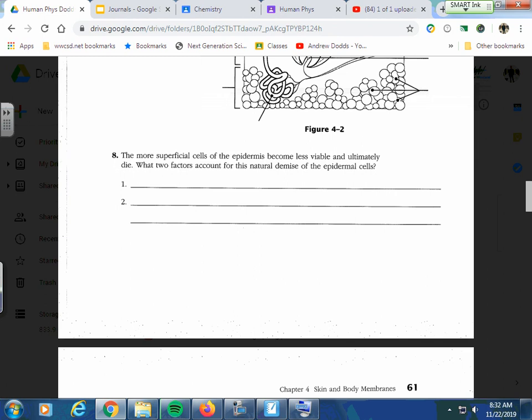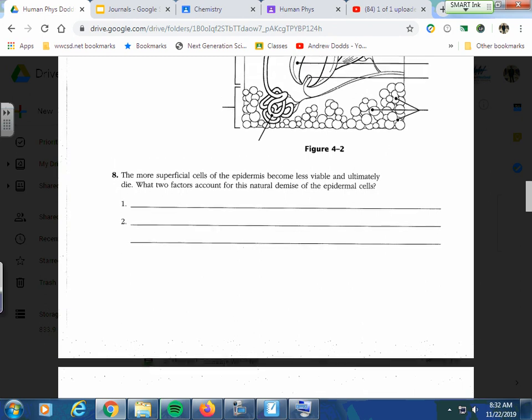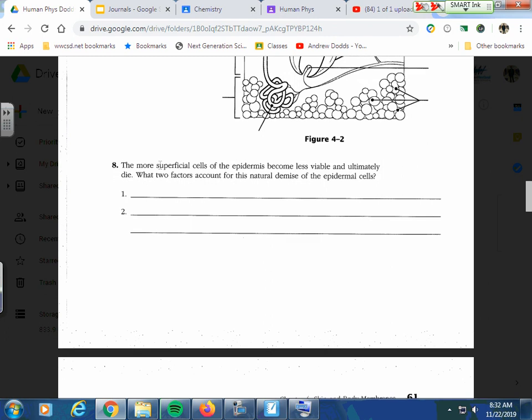Okay, so number 8, the two things that happen for superficial cells of the epidermis becoming less viable and ultimately die is because they become packed with keratin, a tough fibrous protein that makes it hard for the cell to do its normal functions. And then the second one is the fact that as they move up in the epidermis, the nutrient source for the epidermis is the dermis down below because it has blood vessels.